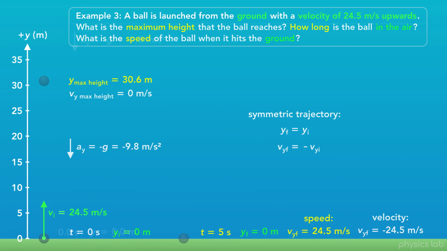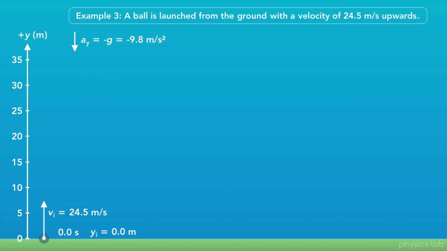Now let's take a closer look at this motion, where an object starts with an upwards velocity. Here's what the motion looks like. What's happening to the position over time? And what happens to the direction of the velocity?